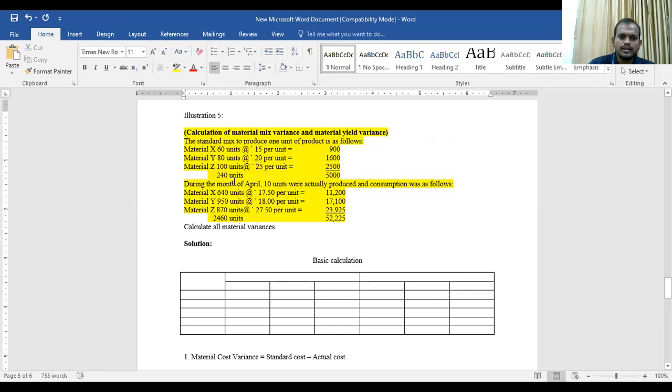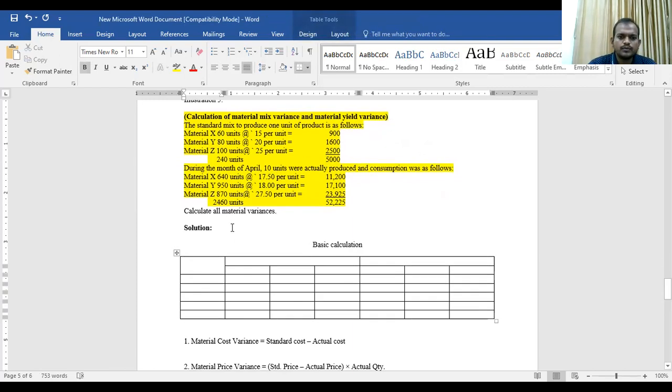But actually they produced 10 units, and these are the proportions which they utilized and these are the prices they incurred. So this is the actual cost incurred to produce 10 units, not 1 unit. So this one is for 1 unit.